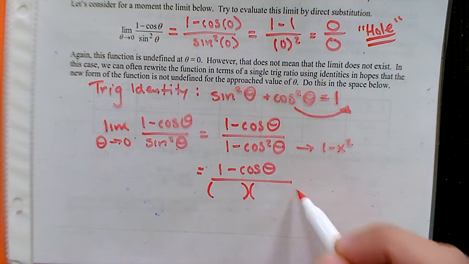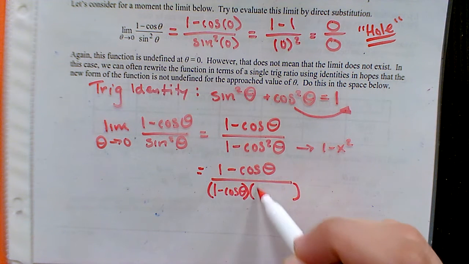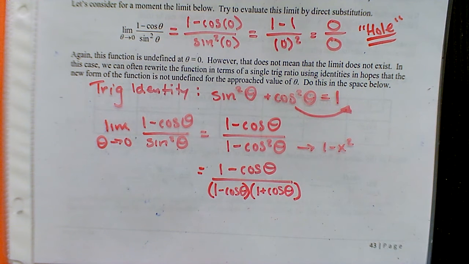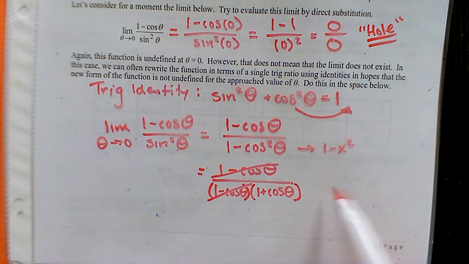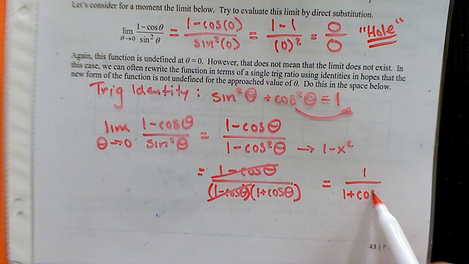Right, it's a difference of squares. So we'd have 1 minus cosine as one factor, and then 1 plus cosine as another. So there we go, using that factoring technique. Notice how the 1 minus cosines would cancel. So we're just left with that placeholder of 1 up top and 1 plus cosine on the bottom.